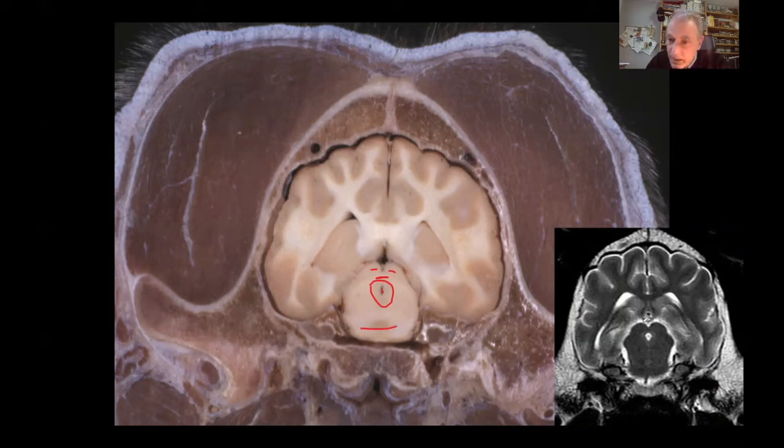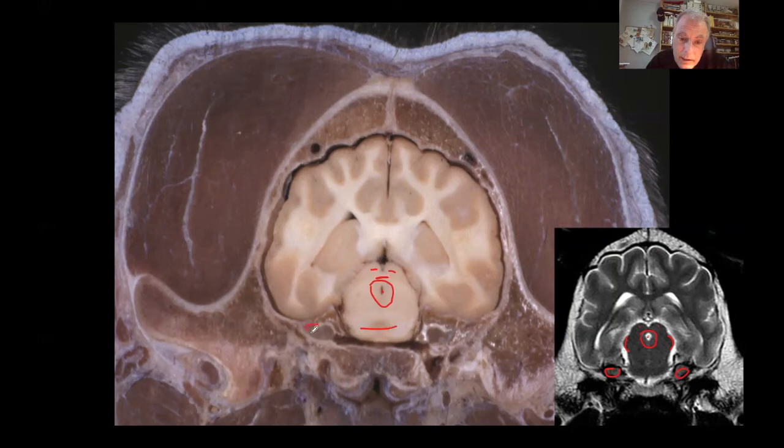And again, the rostral colliculi here, the periaqueductal gray matter with the mesencephalic aqueduct, and this is the brachium of the caudal colliculus, that connects the medial geniculate body with the caudal colliculus. And again, we see the trigeminal nerve, and particularly this is the trigeminal ganglion.